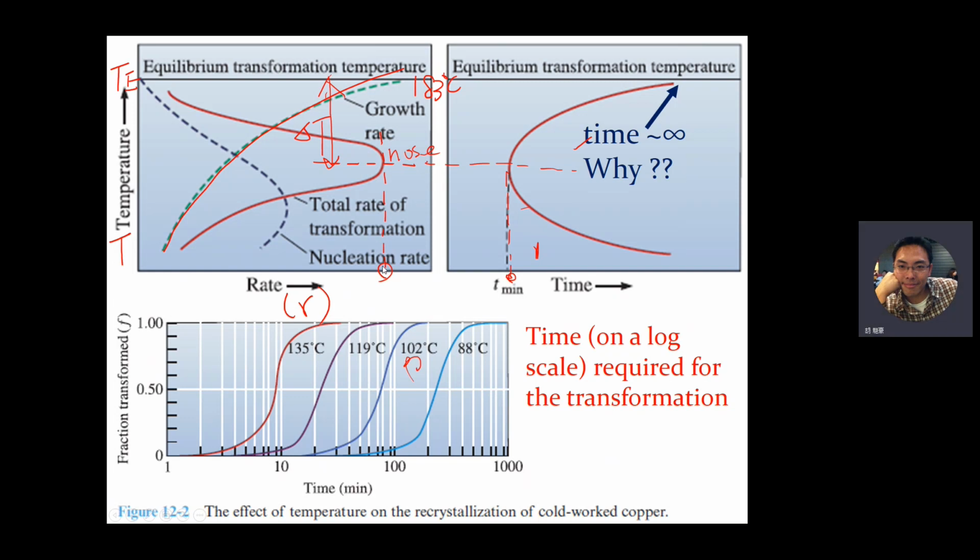Okay, so think of the other way. That is, if we heat up this alloy to reach the TE slowly, from this specific temperature and heat up to reach this TE very slowly, this curve will not reach this equilibrium transformation temperature.